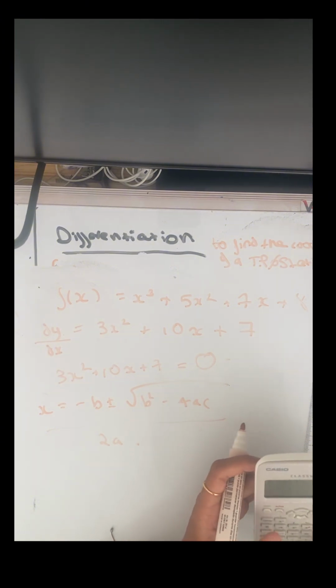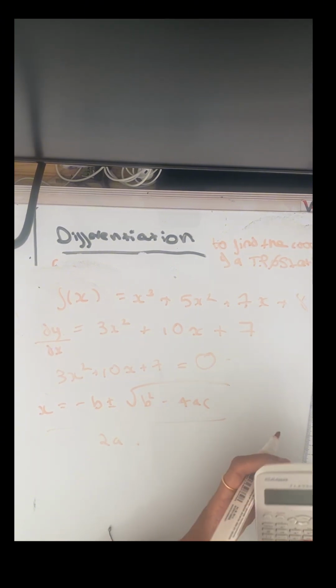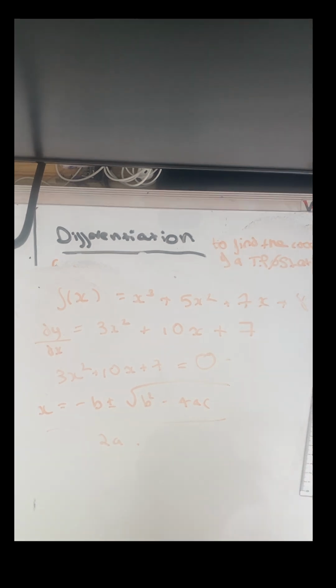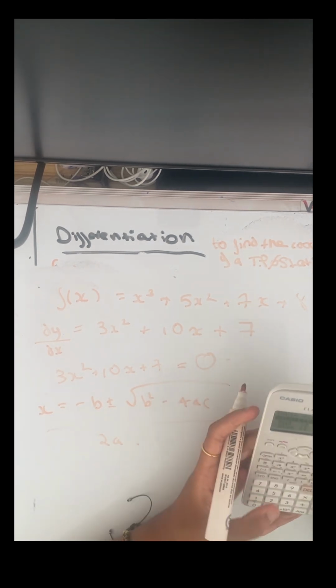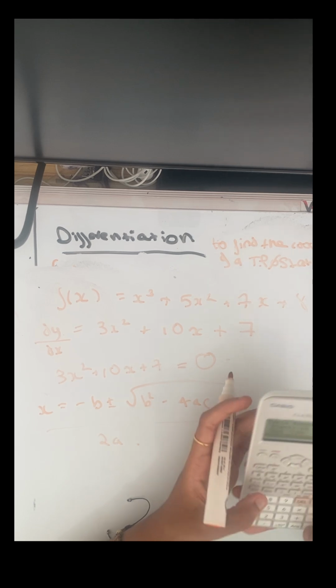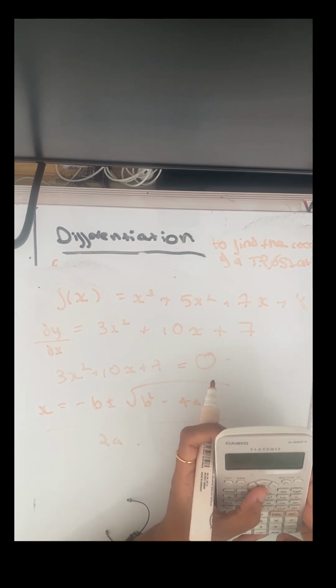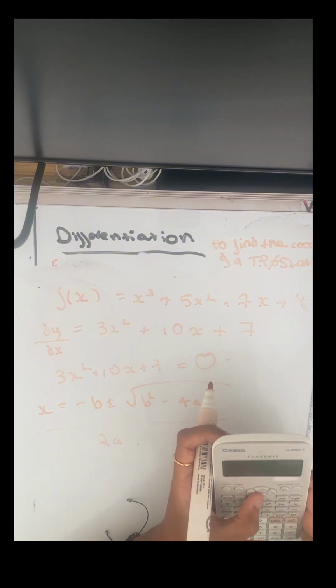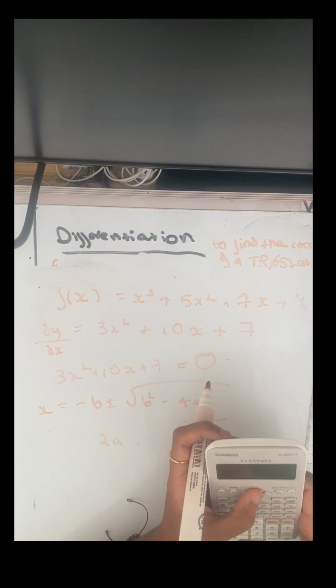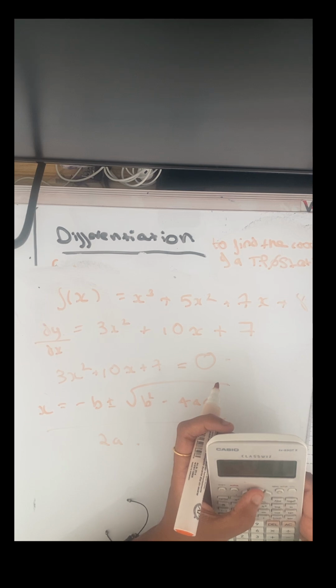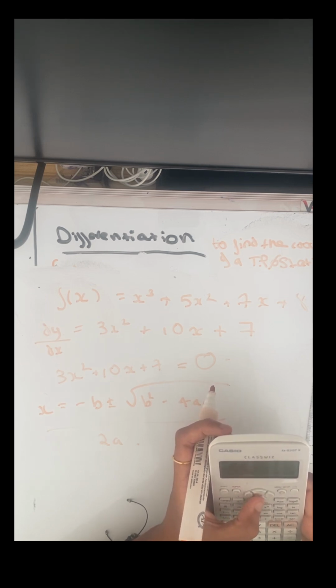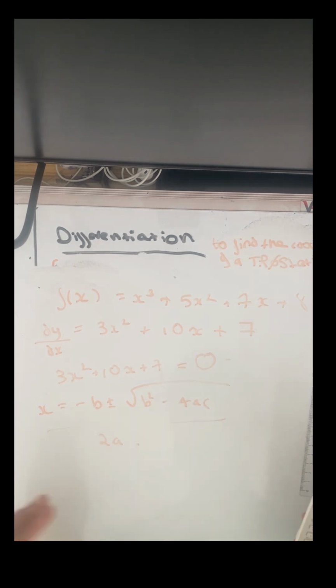Or another shortcut method is to just plug it into a calculator as a function and just see where it hits 0. So it is -1. But let's just do it properly maybe.